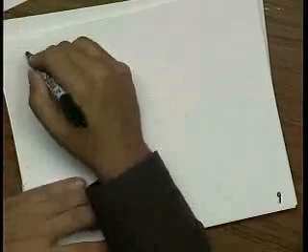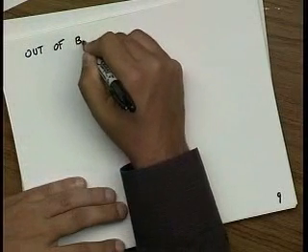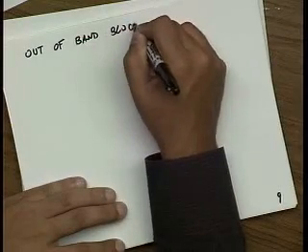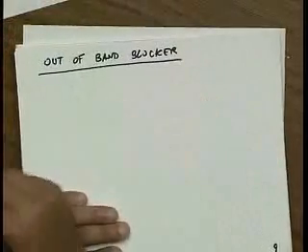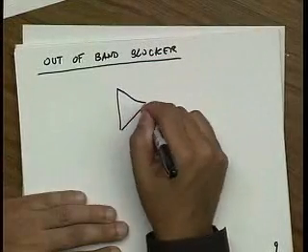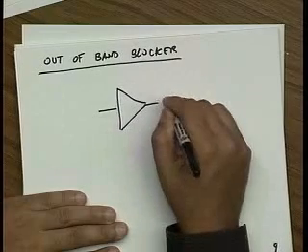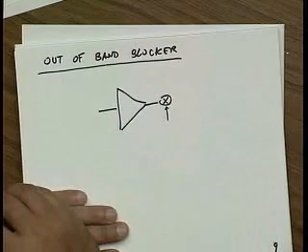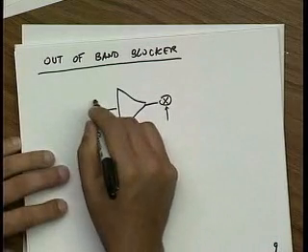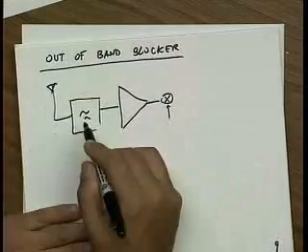Let me now finally introduce one more term, and this is the concept of an out-of-band blocker. So the idea is the following. Let's say I have an amplifier. Could be a radio amplifier, for instance. And unfortunately, no matter what you do, it's going to have some nonlinearity. And what I'm concerned about is, what if I pick up two signals here?